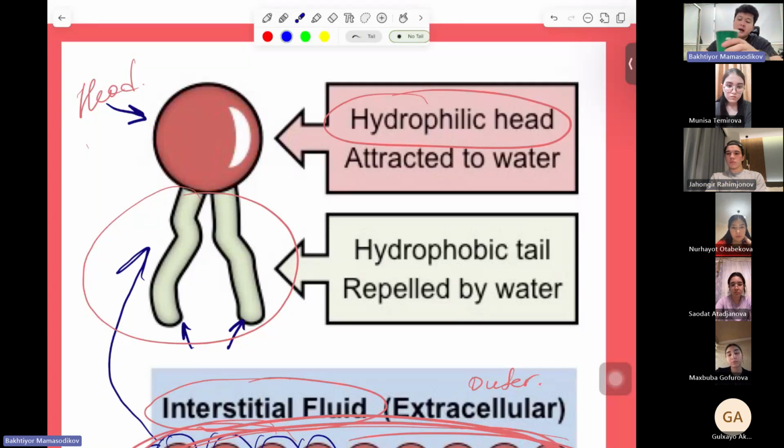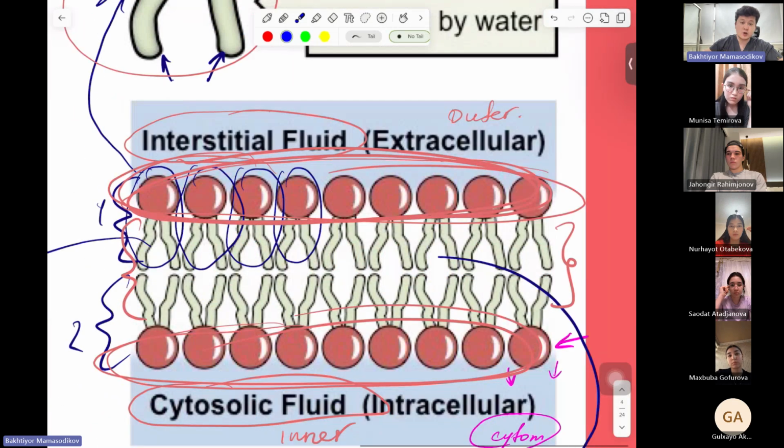So I'm asking you, what kind of substances can cross this membrane very easily, hydrophilic or hydrophobic? Always consider hydrophobic substances getting inside. Why? Because the tail won't let the hydrophilic molecules go inside, because it detaches the water molecules. It will repel the water molecules outside again.